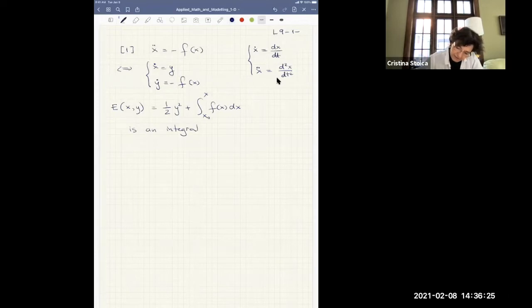And now I will write again what this means, i.e., if we do dE/dt along any solution, let's put it for x, y being x of t, y of t, this guy's solution of, let's call it star.